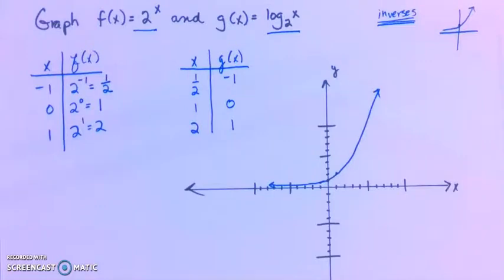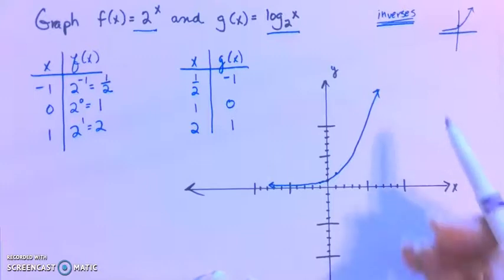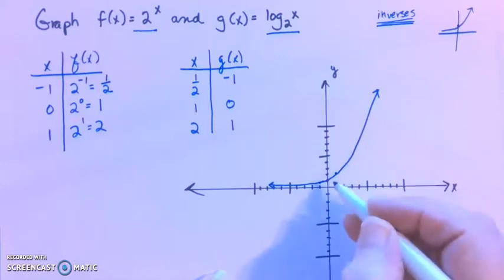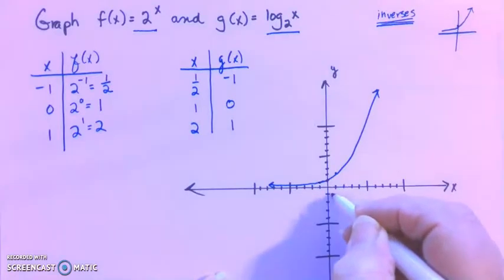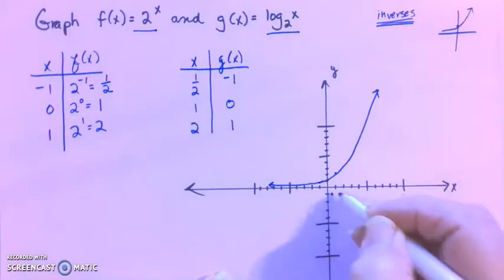So now let's graph the logarithmic function. Remember, it's an inverse. So an inverse is going to have an oblique line of symmetry, which is y equals x, and we'll check that when we get done. So when x is 1/2, g of x is negative 1, about there.